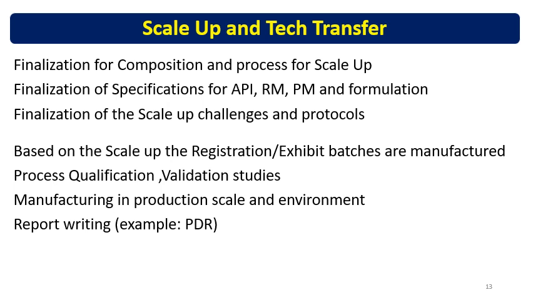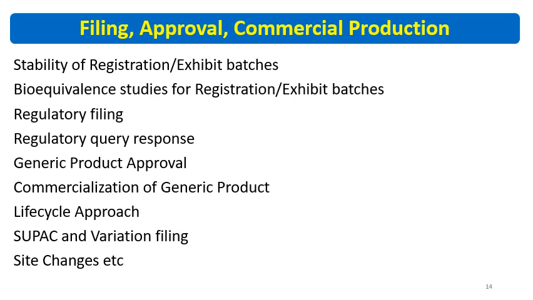And the last document for the formulation R&D is the PDR, that is the pharmaceutical product development report. Then filing approval and commercial production. Once you have done with the registration and exhibit batches, you are okay with the bioequivalence studies, and you have the stability data, then the generic product can be filed to the regulatory authorities.